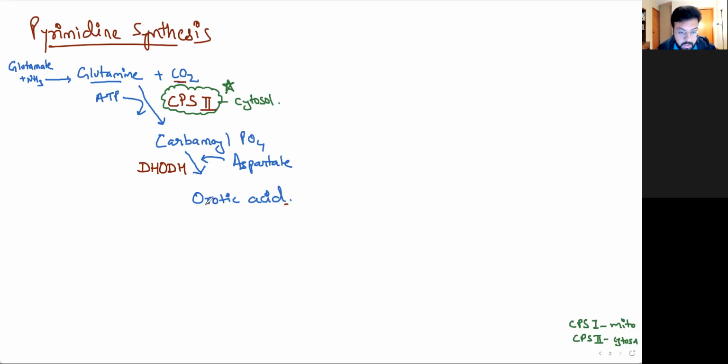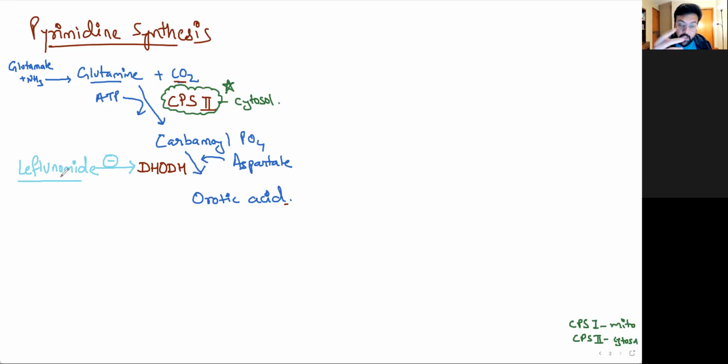Why am I making so much fuss about this? Because there is a drug which can inhibit this enzyme. Anybody? One drug which can inhibit this enzyme. Leflunomide. Very good. We are going to talk about two drugs which can block pyrimidine synthesis.